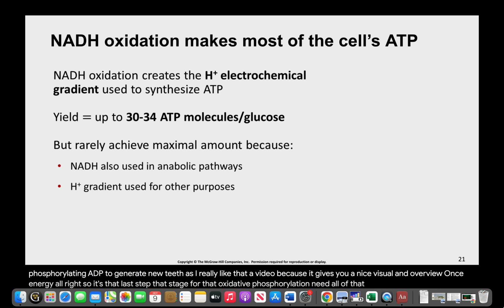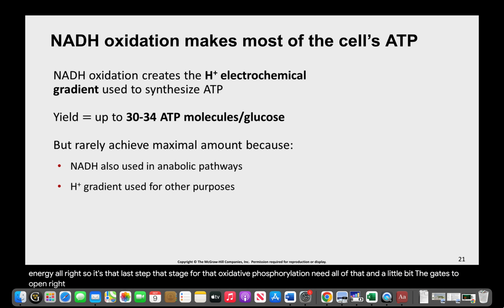We're really utilizing NADH molecules here and a little bit of FADH2, but we don't produce as much FADH2 as NADH, right? Once we have all that ATP, we could get up to 30 to 34 ATP molecules per glucose molecule.